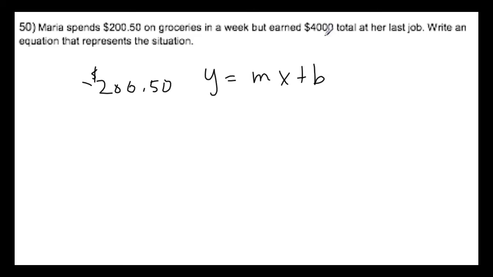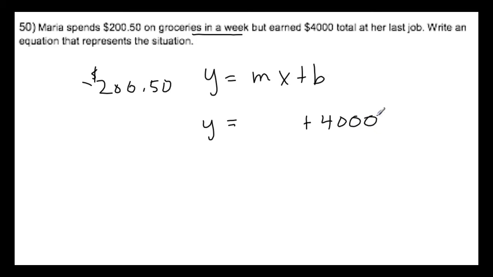So if you think of the placard in our class, remember, the y-intercept is where you start, and the slope is what happens over and over. So we're assuming that she's going to spend this much every week, but she only made $4,000 total. Maybe it was a contracted job. So in this particular problem, we know she started with $4,000.